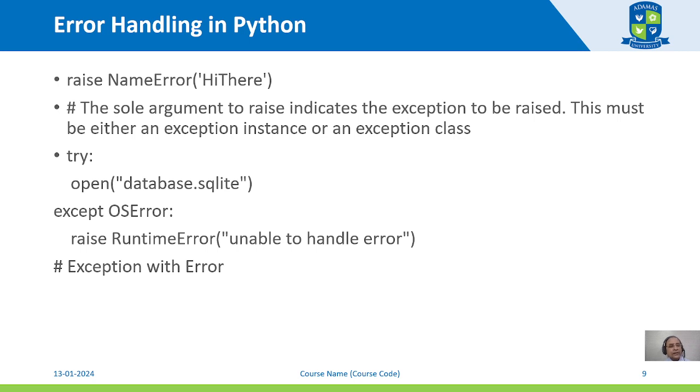And open, like we see within the try block, we have given open database.sqlite, and except OSError, raise RuntimeError unable to handle. That means if the database is not available, then this runtime error can be raised and the statement will say it is unable to handle the error.